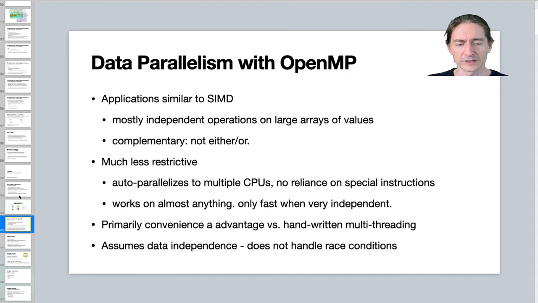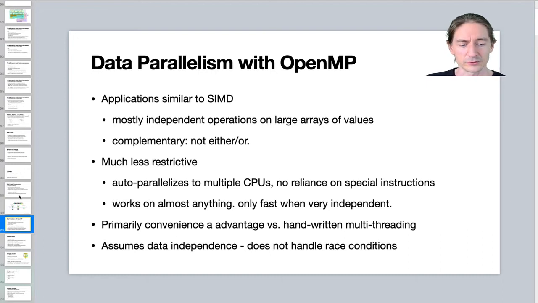But compared to vectorization, OpenMP is a little more general, I suppose. It'll work for any type of operations, whereas vectorization, of course, only works for vector instructions. On the other hand, it's only fast where the operations are properly independent.